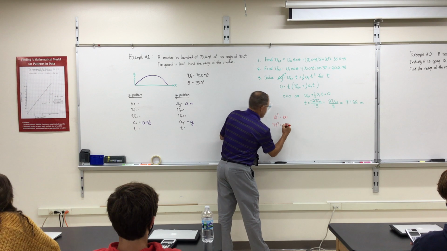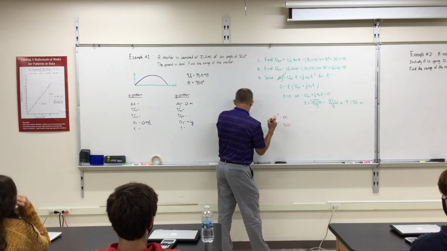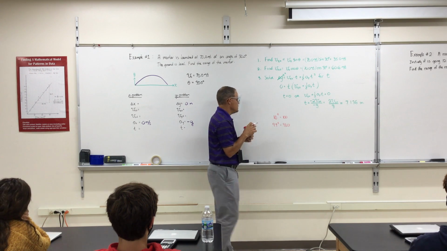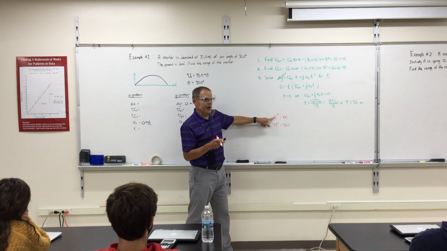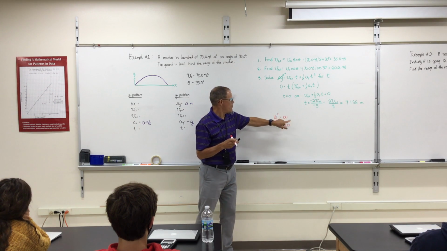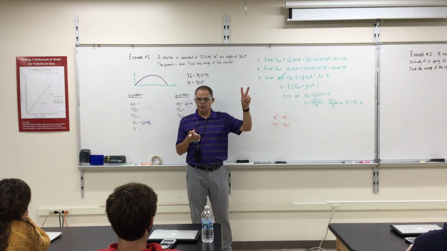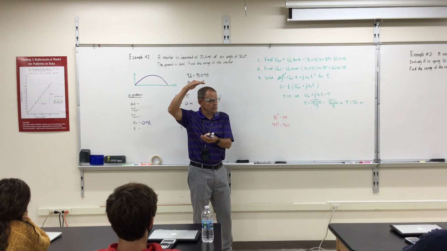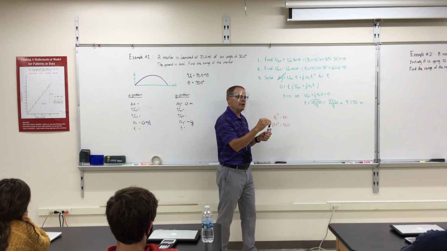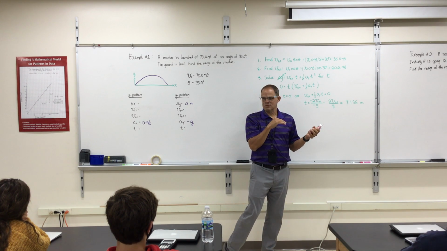What do you got, Kennedy? 98.01. Okay? So, if this is off by 0.1, when you square them, how much are you off? You're off by 2. Your error grew from 0.1 to 2. When you use a rounded number in a calculation, your error propagates and grows.